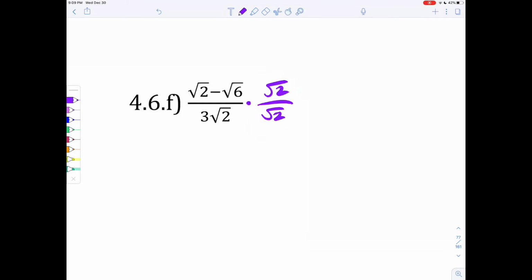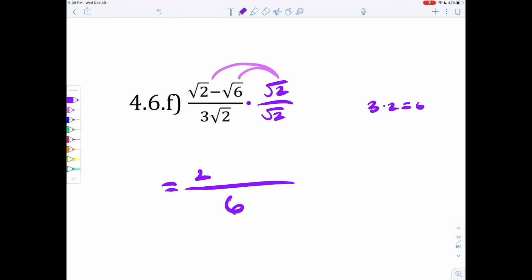Well, on the bottom, we have 3 root 2 times root 2, which is 3 times 2, which is 6. And on top, root 2 is multiplying root 2, so root 2 times root 2 is 2. And we're also multiplying root 6.